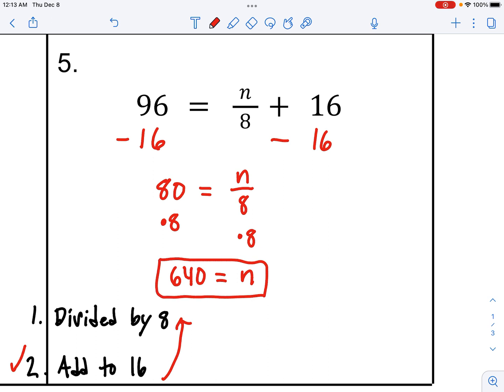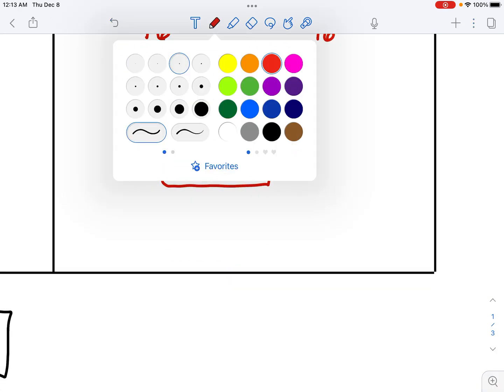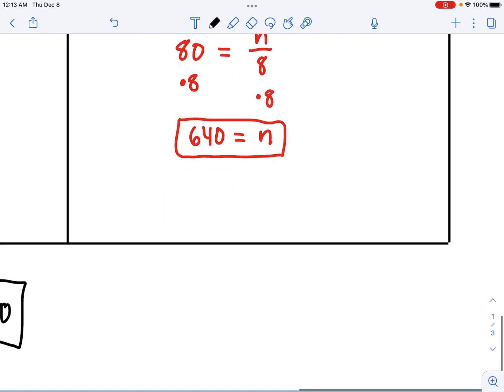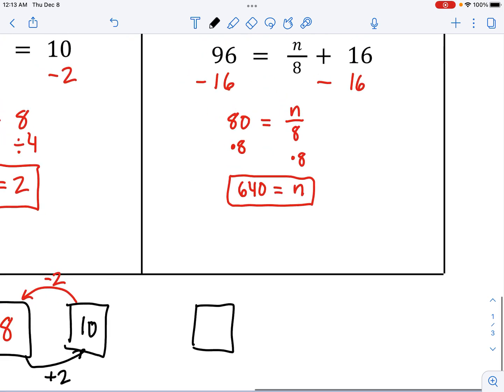So that is solving equations. I'll show you the mystery number method with this as well. Same steps. So we started with our mystery number n. We divided it by 8 to get some other number.